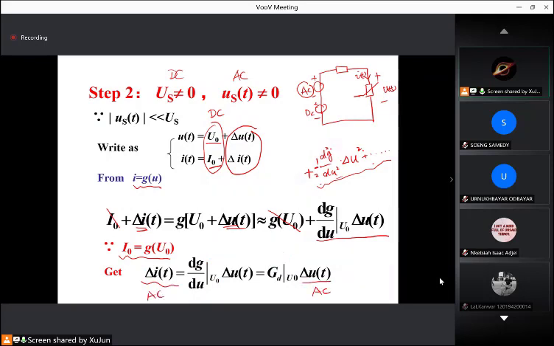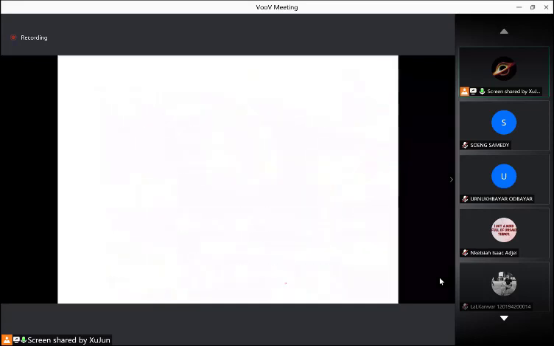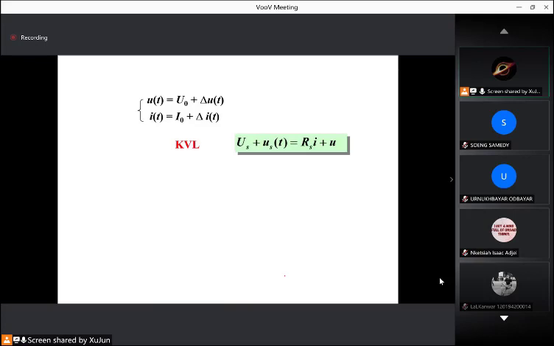So the AC-caused delta I and AC-caused delta U seem very similar to linear. They should be nonlinear, but we ignore the higher order, so they become linear. So delta I equal to delta U multiplied by the dynamic admittance, just the dynamic admittance.